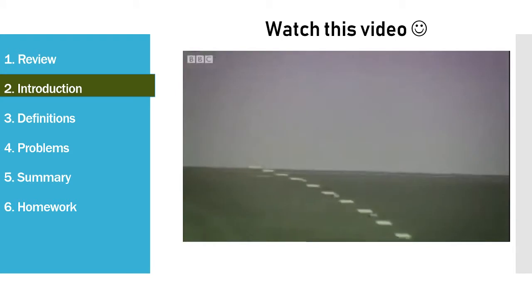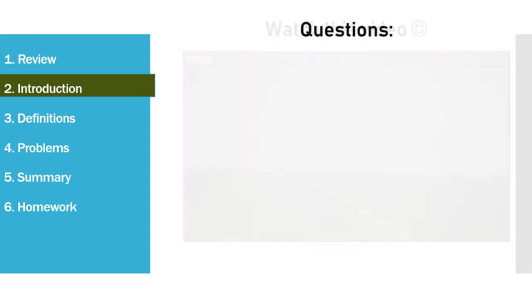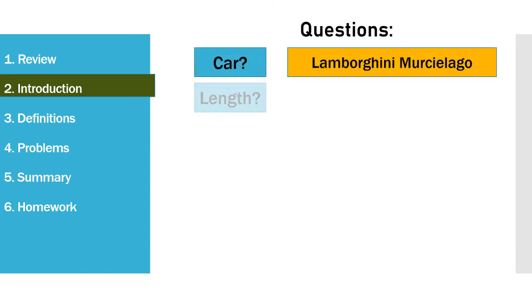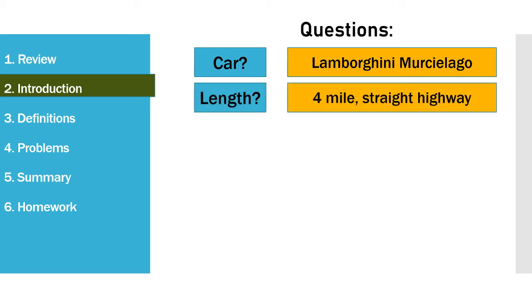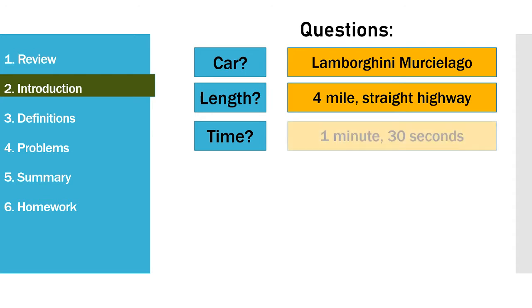Okay, so in that video, we saw a Lamborghini Murcielago go down a very straight highway in Abu Dhabi. It's 4 miles long, and it completed it in, let's say, 1 minute 30 seconds, because that's around the length of the video.